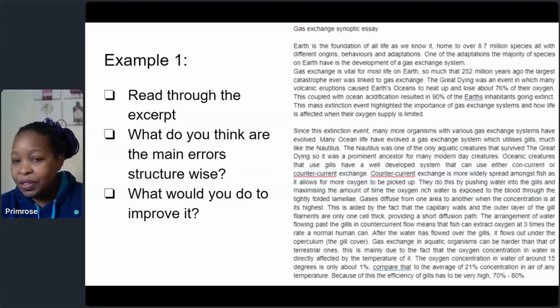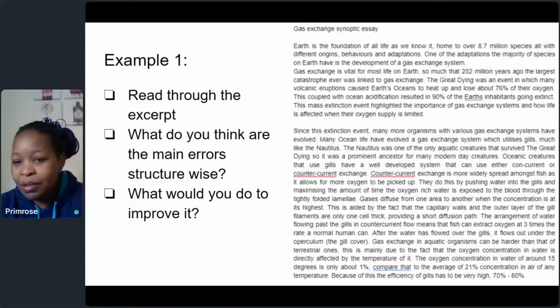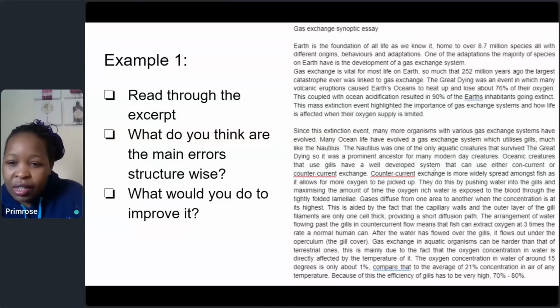Yes, I agree with you. They've described the process for quite a long time, and one thing they've forgotten is that the person marking is an expert. So if I'm marking this, I know how countercurrent exchange happens, but they've said there's a sentence here which says countercurrent exchange is widely spread amongst fish.